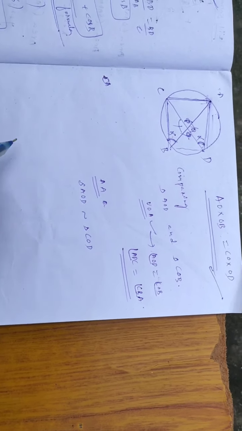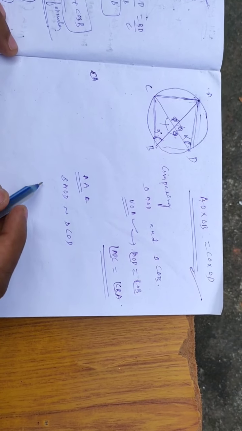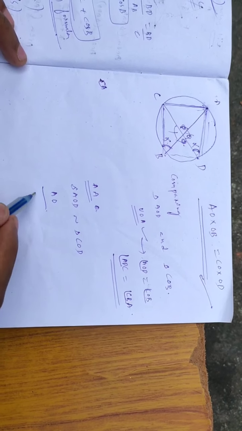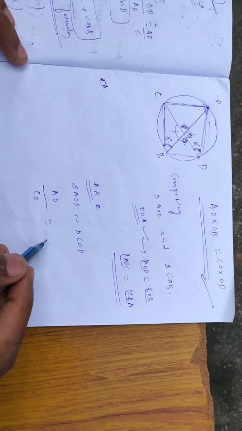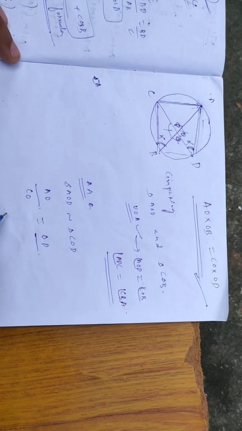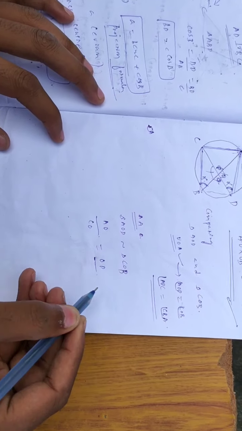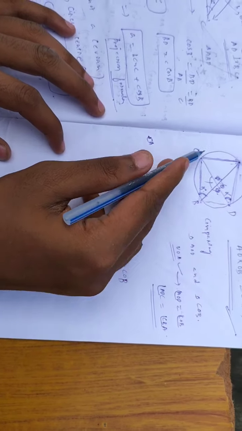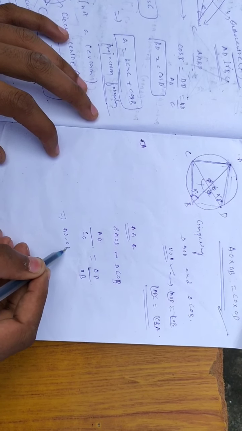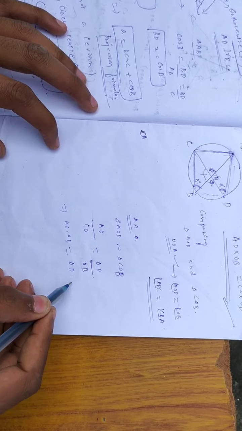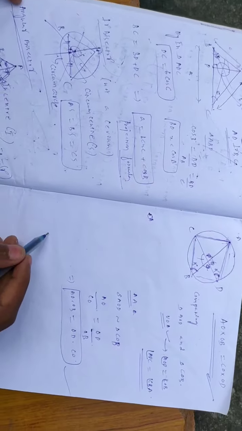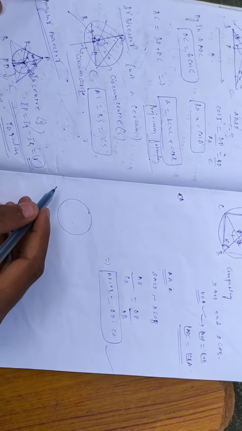So we can write AO by CO equal to OD by OB. That implies that AO into OB equal to OD into CO. It is proved.